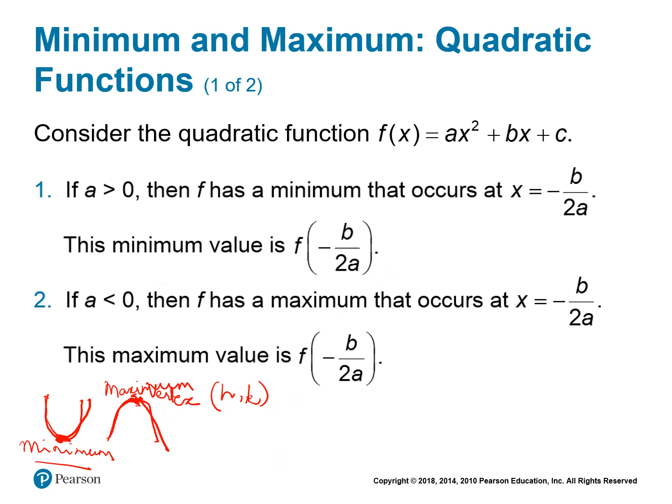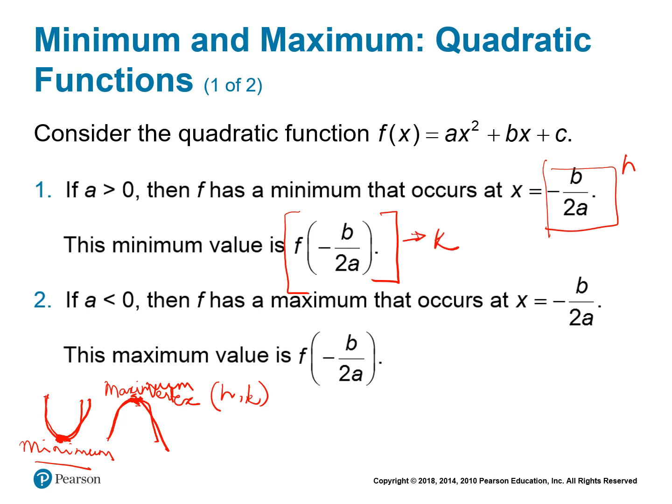So, again, let me open up my pen. This minus b over 2a is the h value, and f of minus b over 2a, if you remember from the past slides, is what k is.